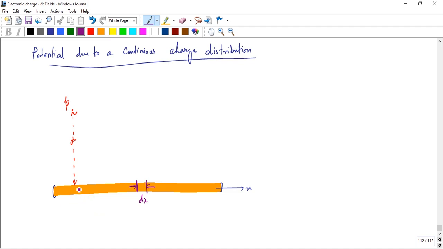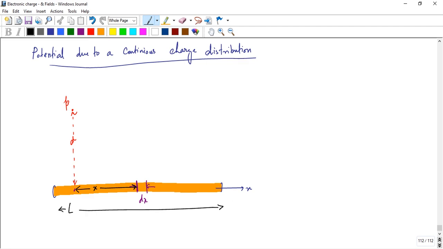The distance from the origin to that element is x, and suppose the length of the rod is L along the x direction.